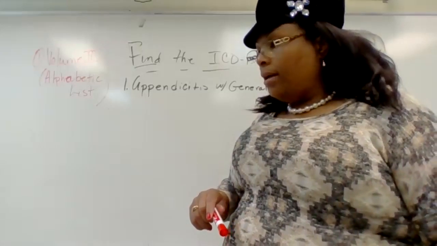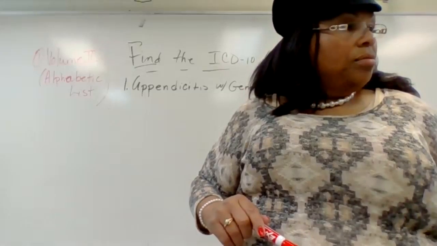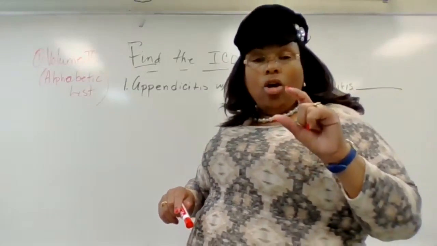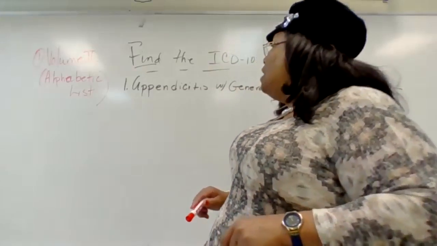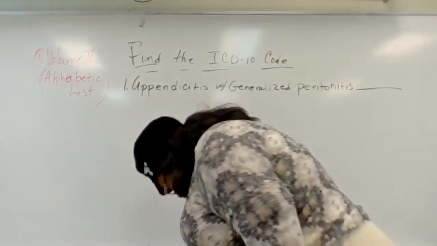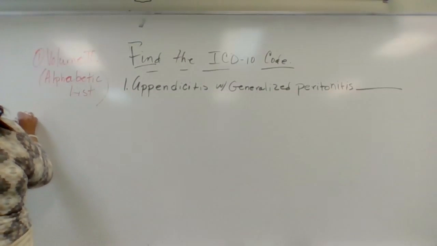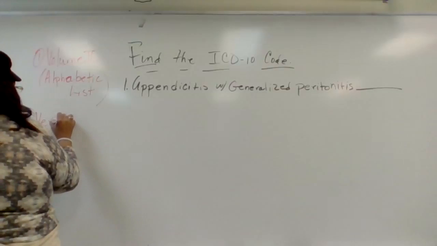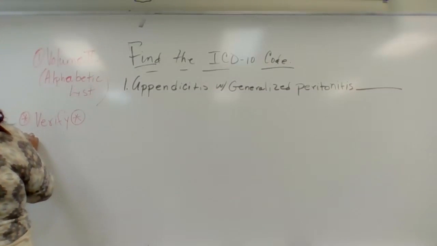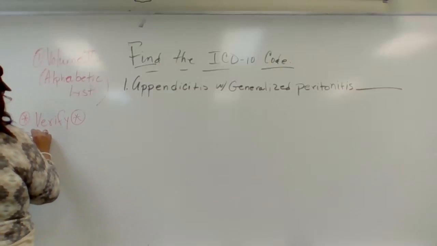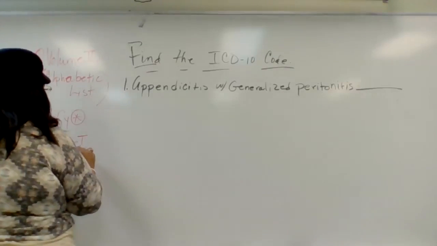So go ahead and utilize that ICD-10 book and go to the A section, which is that lovely gray section in front of the book, called alphabetic. Now, after we find that, then we need to do what? Verify. And once we verify, we have to go to Volume 1.